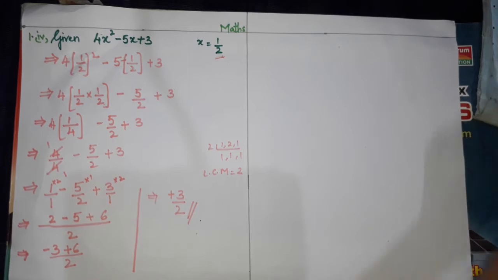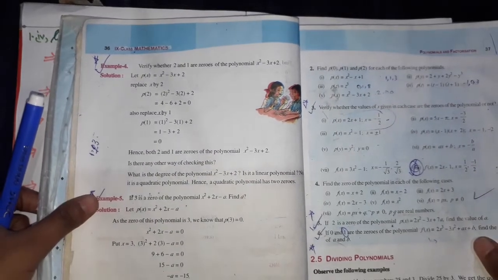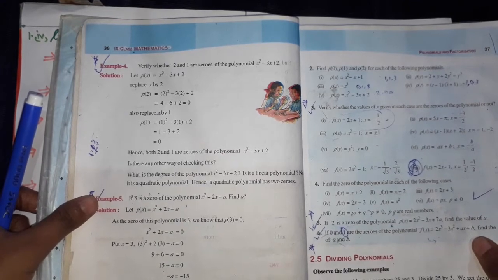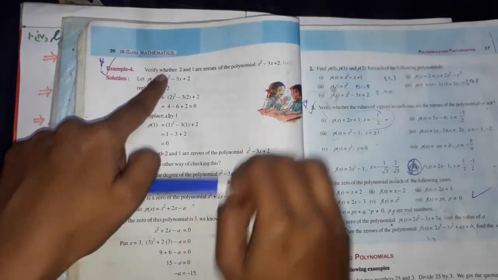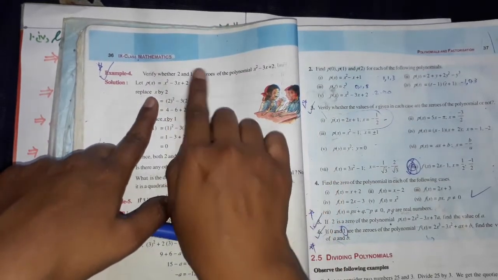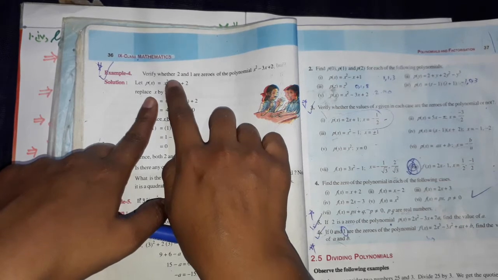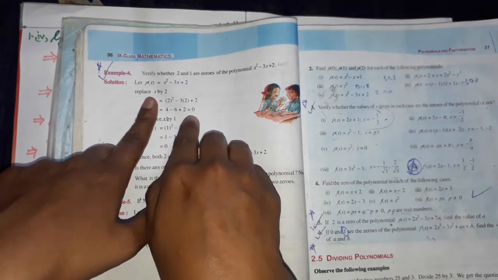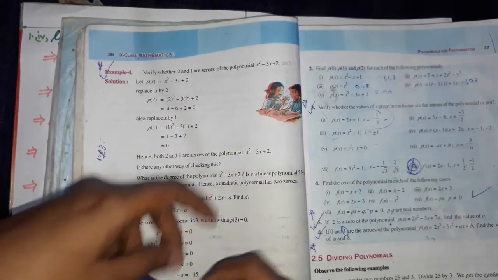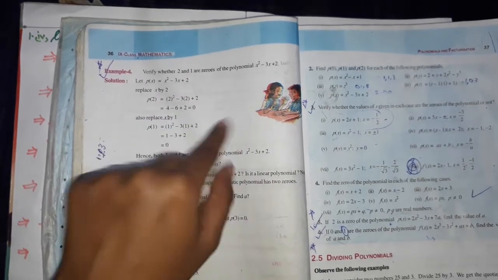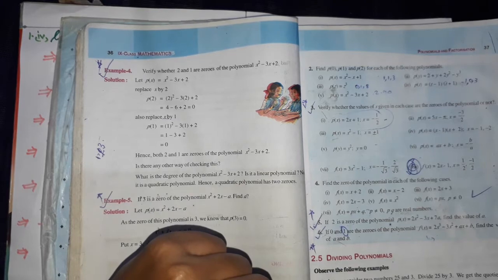Now your example 4 is: verify whether 2 and 1 are zeros of the polynomial x square minus 3x plus 2. Whenever they say verify, verify is nothing but the checking part, children. In place of x we have to substitute 2 as well as 1. When we substitute it, if we get 0, then that is a zero of the polynomial. When we substitute 1, if we get 0, then also it is a zero of the polynomial.